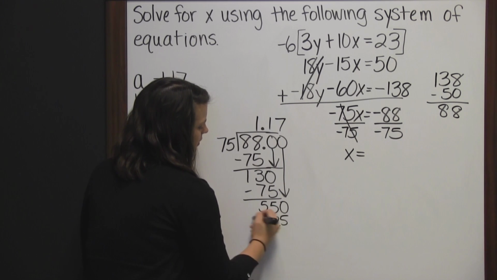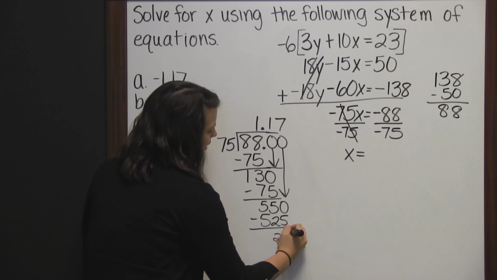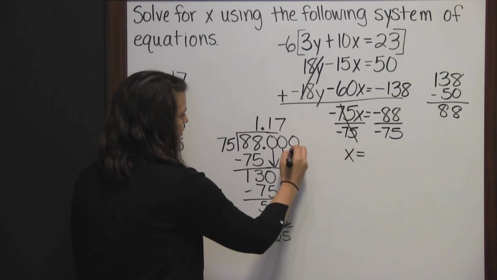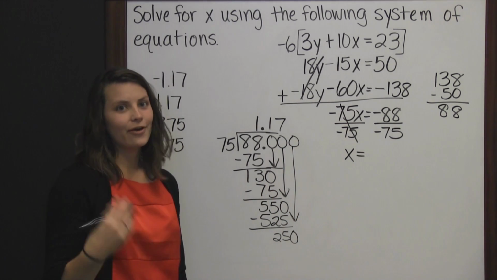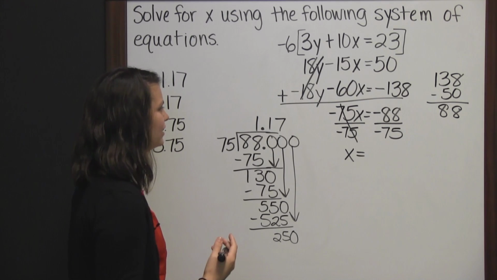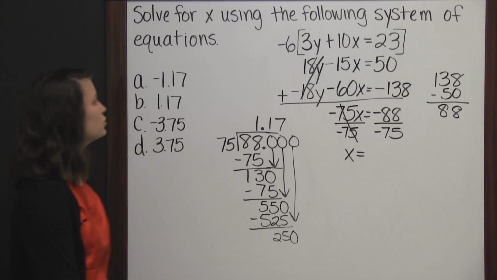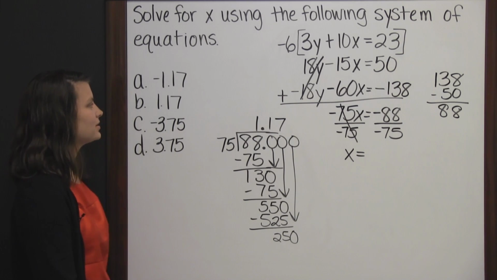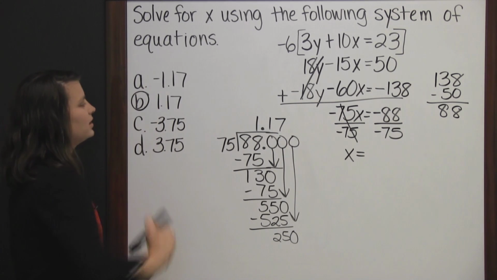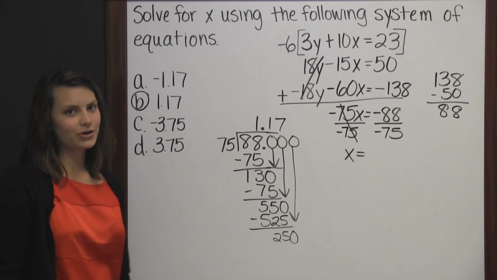We subtract and we get 25. Add a 0, bring it down. And we could keep on going, dividing until we find the end. But since this is multiple choice, we can already see which answer choice is correct. And that would be answer B, 1 17/100.